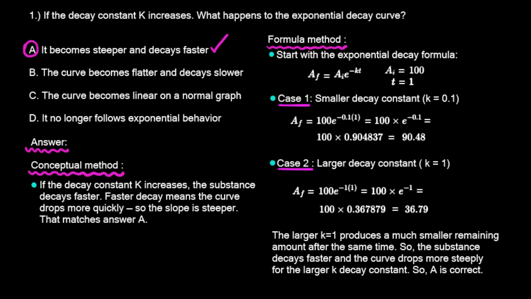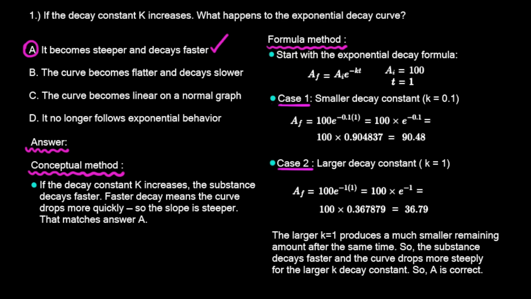AF is equal to AI times e to the power of negative k times t. We'll plug in two different values for the decay constant. One small, k = 0.1, and another one large, k = 1. And then we'll compare the final amounts after the passage of the same amount of time.